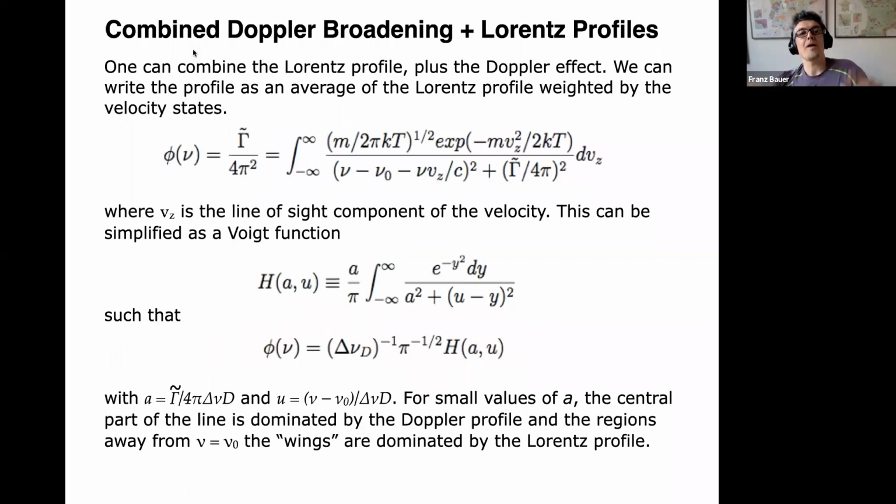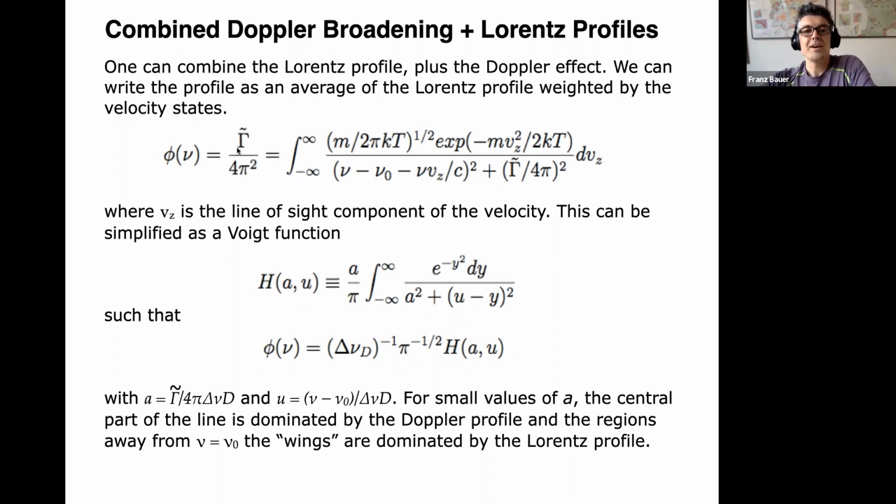So we can now think about a more complex situation where we have both Doppler broadening and Lorentz profiles, and one doesn't dominate. The combination of these two things, if we were to write out this profile, we have this combination here.